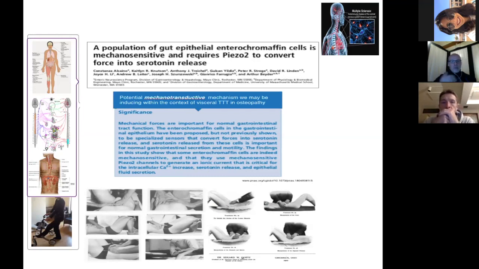So again, this becomes very interesting, how the nature of our treatment has a potential influence on these particular functions of serotonin release, for example. So I just wanted to throw that in to show that this is significant work, and we can potentially have significant influence on these mechanisms.